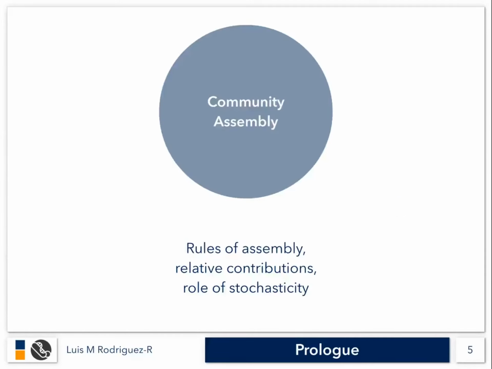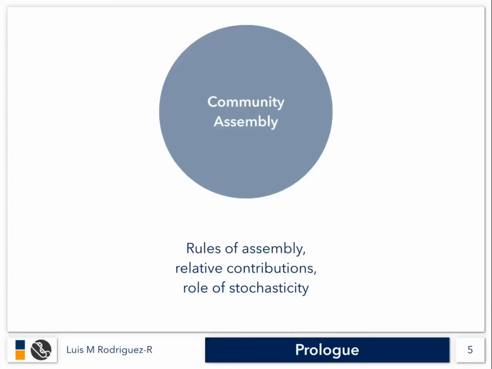So first of all, there are three big concepts in microbial ecology that are related to how microbes live together. The first one is the concept of community assembly. Community assembly explores the set of rules of assembly, and by assembly I mean how organisms get to form communities, live together in the same place.